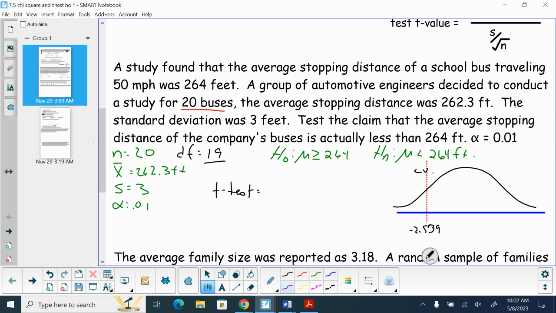Find our test value the same way: X bar minus mu divided by standard deviation over the square root of n. So you throw your values in.